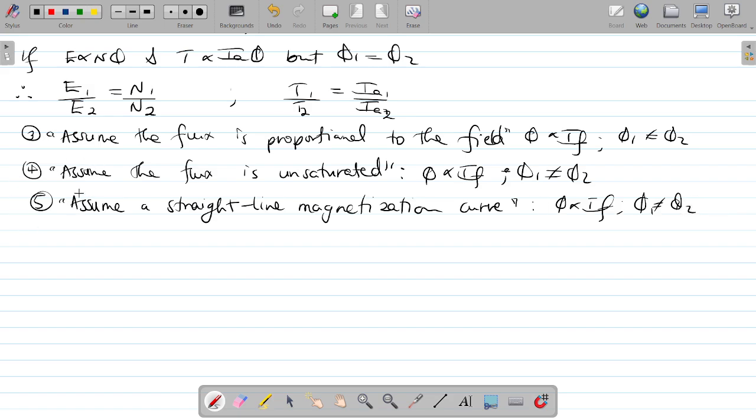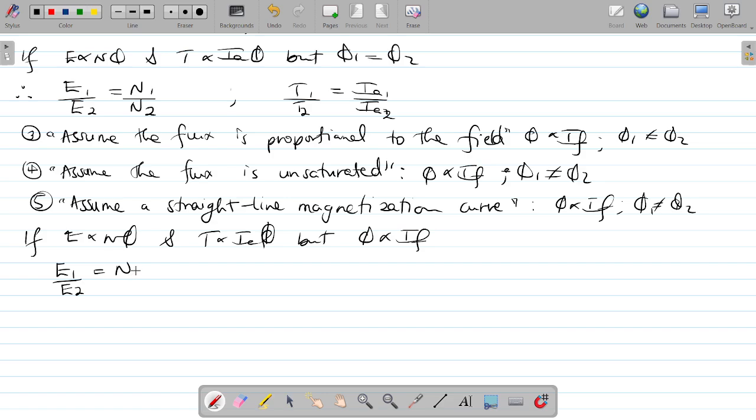So based on these three, here's what you then do. If EMF is proportional to speed and flux, and torque is proportional to armature current and flux, but flux is proportional to field current, the only thing you will do here is wherever you have flux in the original formula, you will substitute your field current.